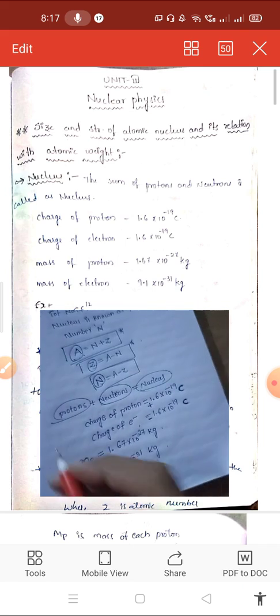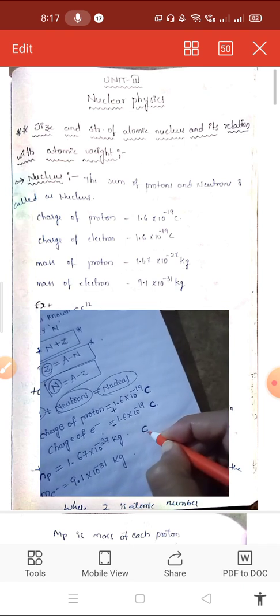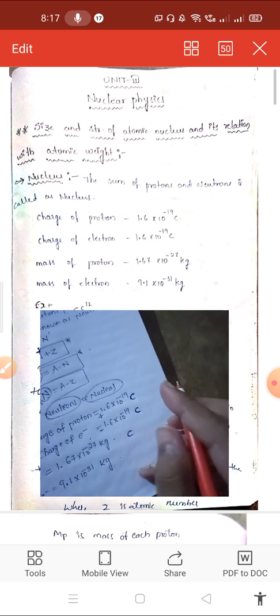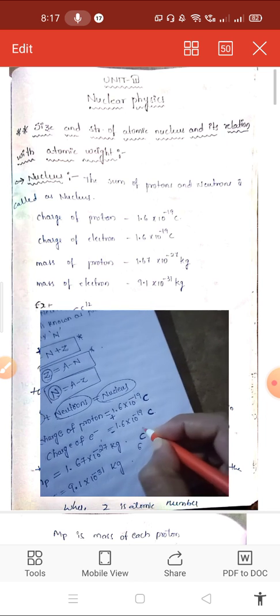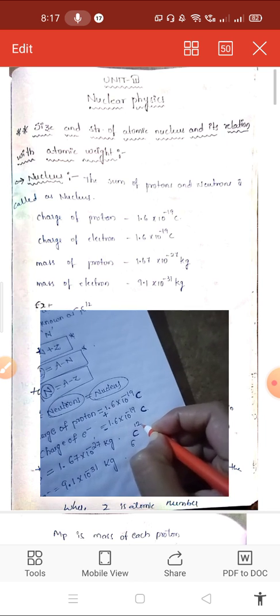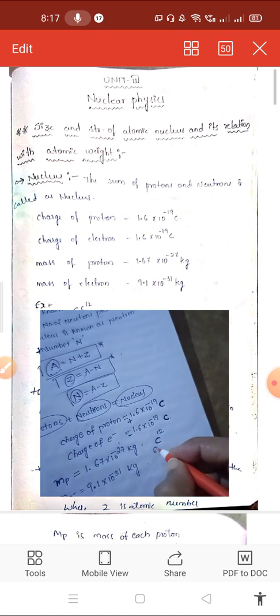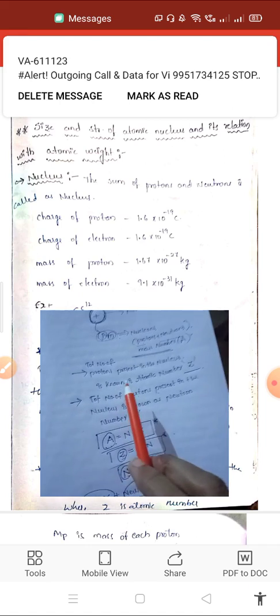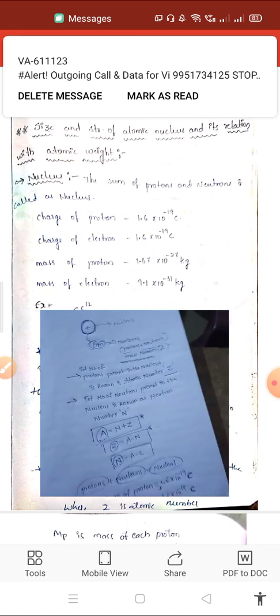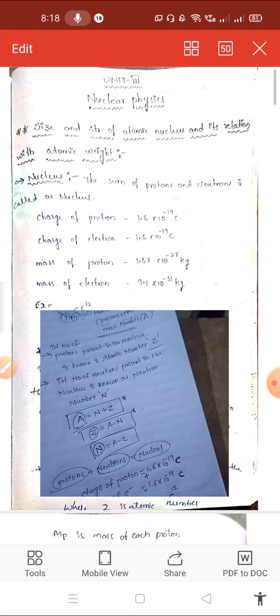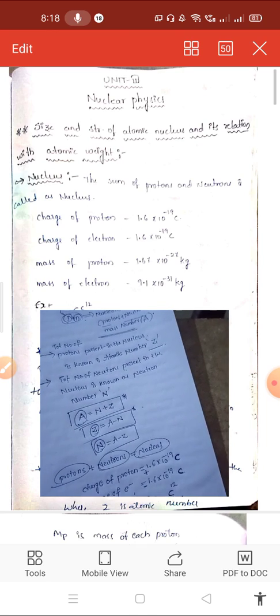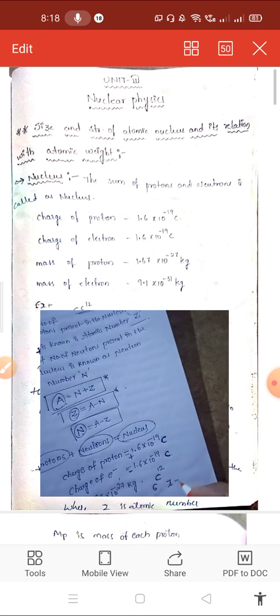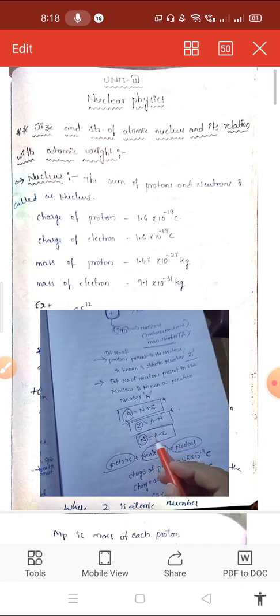Now, for example, if you take a carbon atom, which has the atomic number 6, right? Carbon atomic number is what, Nana? 6. Now, the proton number is in general denoted by Z. So in this atom, the proton number Z is equal to 6. What is the neutron number?